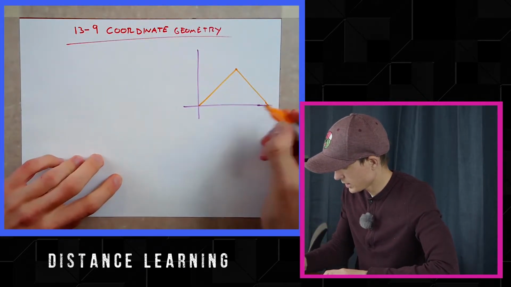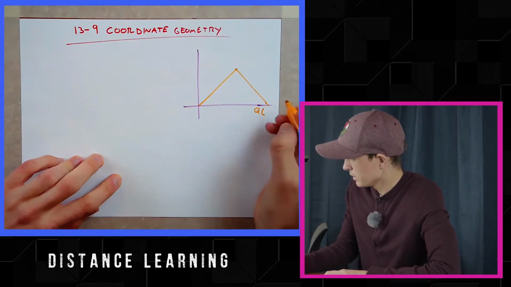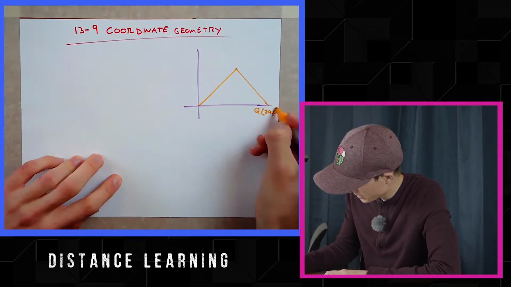And that's the origin. This is point Q there, which is 2A, comma 0.